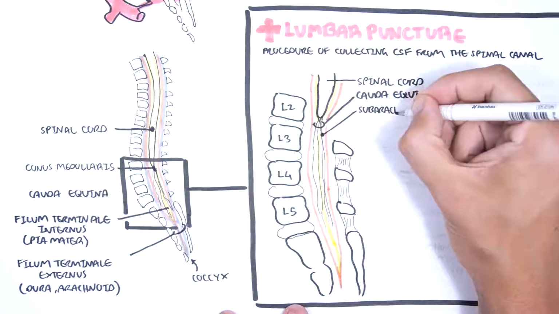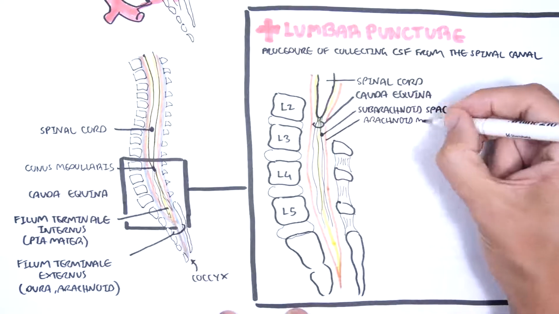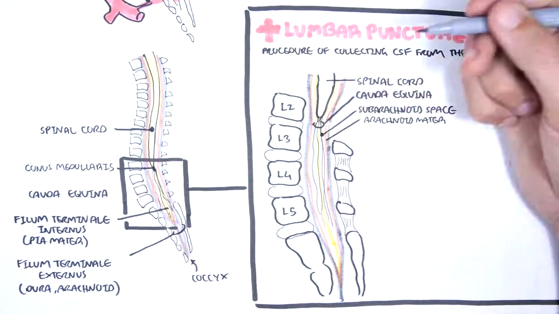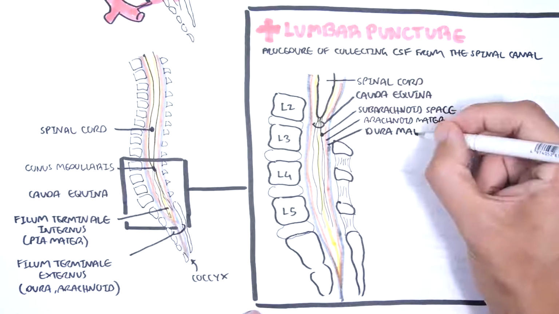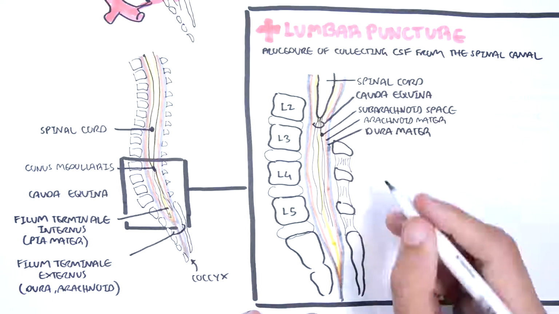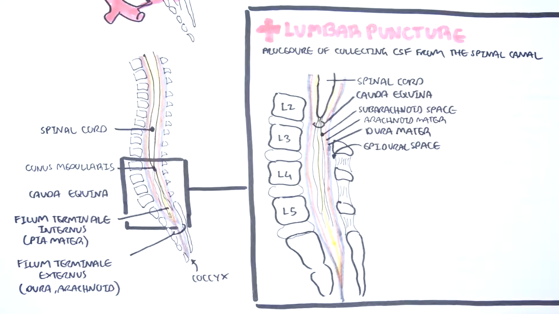The whole area is surrounded by the arachnoid membrane, and then you have the dura mater after that. The arachnoid membrane and dura mater, as we know, continue down and then envelope to form the filum terminale externus. Above the dura mater is the epidural space.